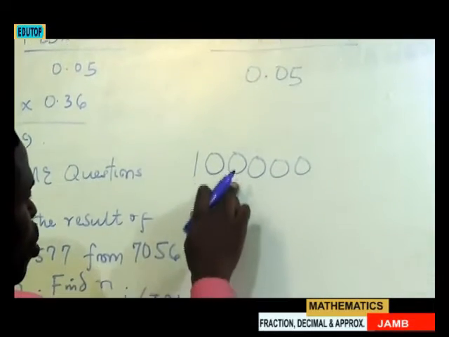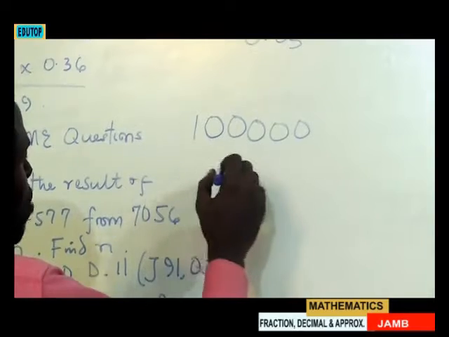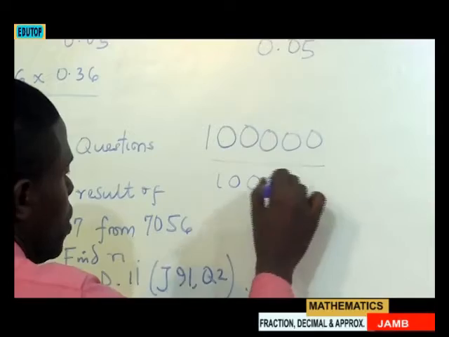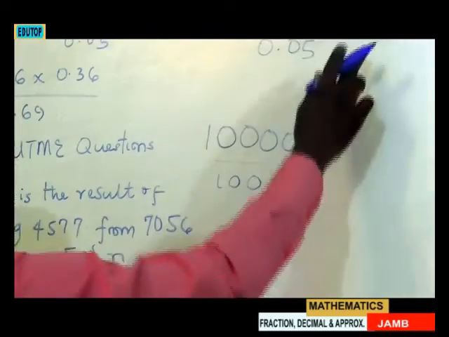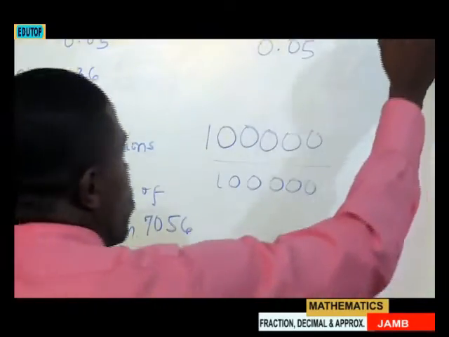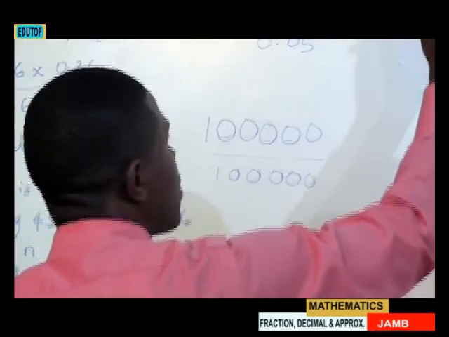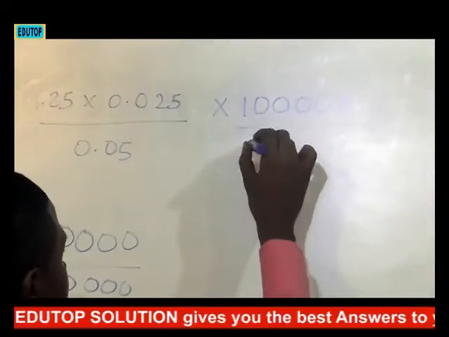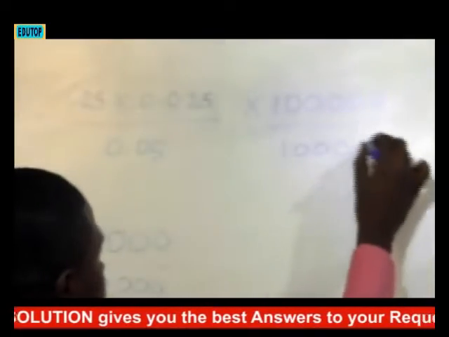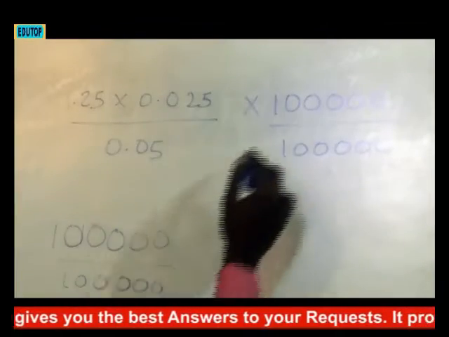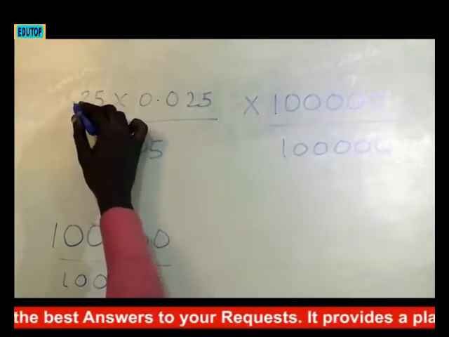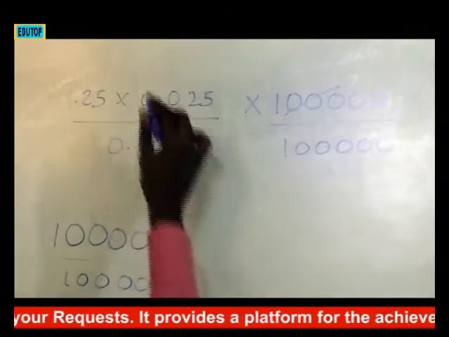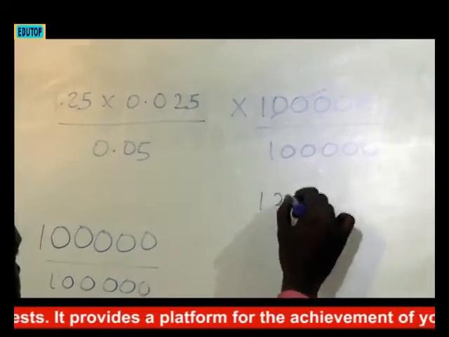So we find a fraction of itself, which will now be 100,000 over 100,000, and we multiply this fraction. To remove the decimal here, you have 125.